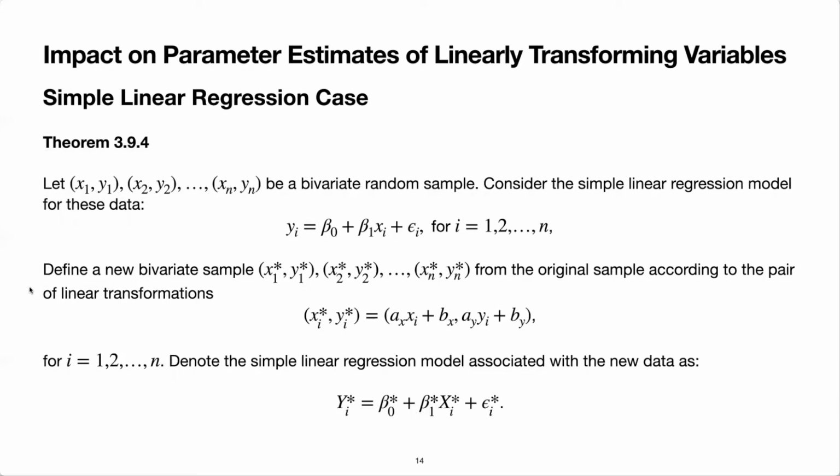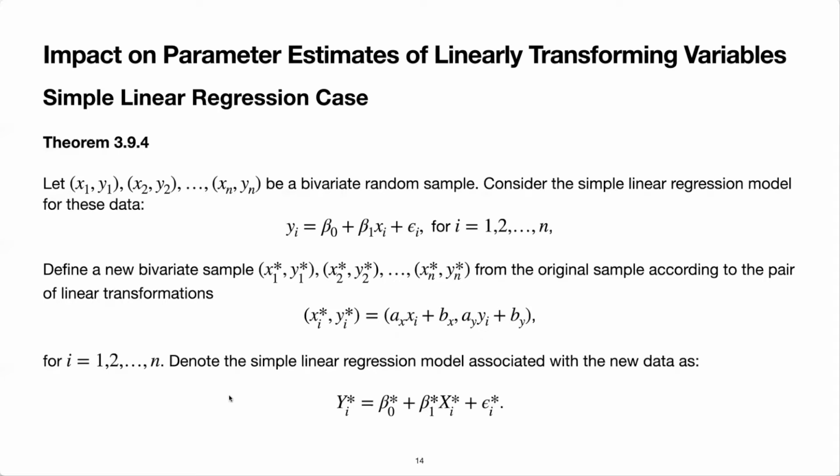Define a new bivariate sample denoted by x1 star, y1 star, x2 star, y2 star, and so forth, up to xn star, yn star, from the original sample according to the pair of linear transformations shown here, where x sub i star is equal to a sub x times x sub i plus b sub x, and y sub i star is the linearly transformed version of y given by a sub y times y sub i plus b sub y.